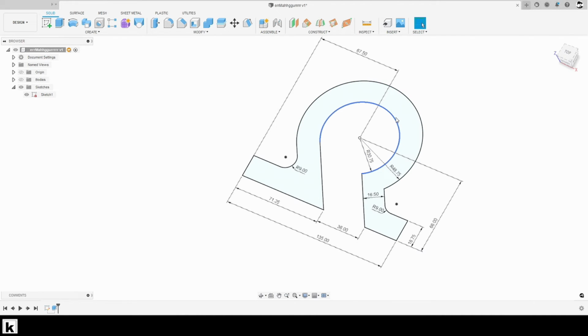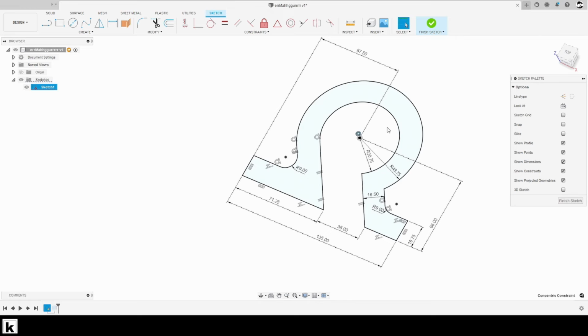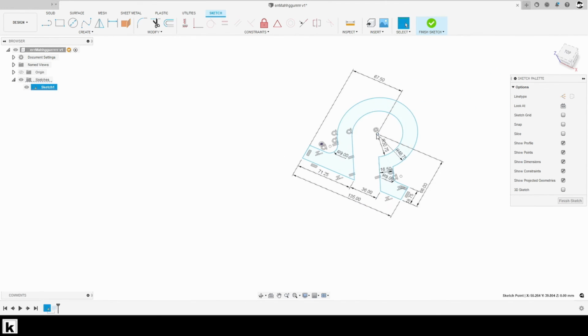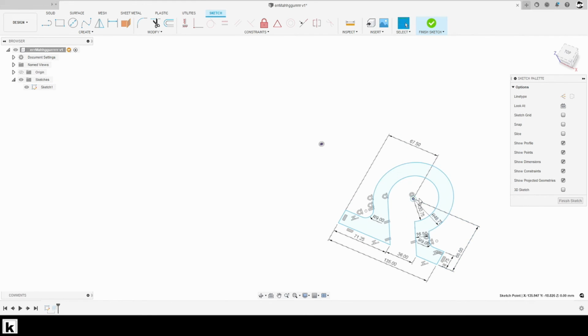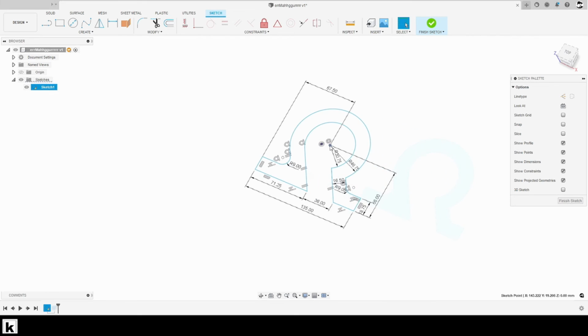So if I was to take off the concentric, actually not that one. Let's see if I can get the other one. There we go. So you notice they're all turned blue now because this isn't located in space. It's all located in the plane because we're sketching on a plane, but it's not located anywhere.